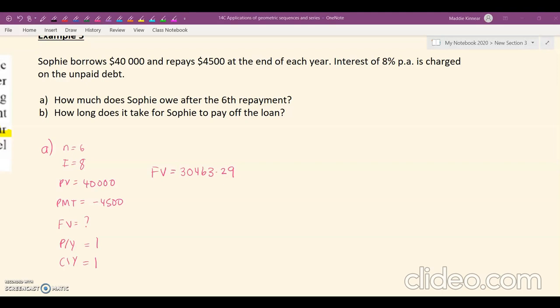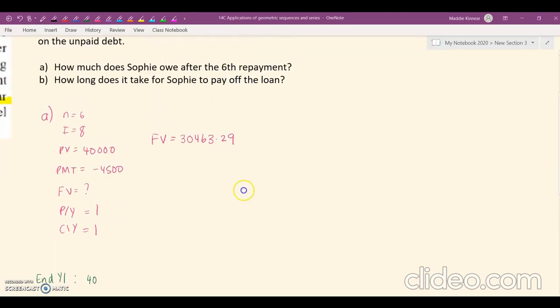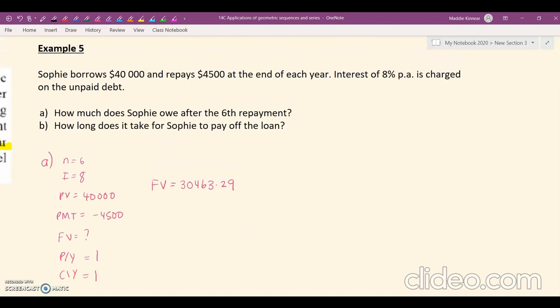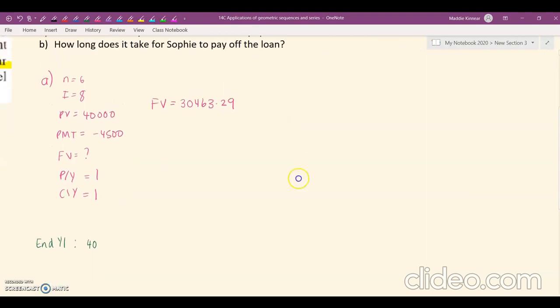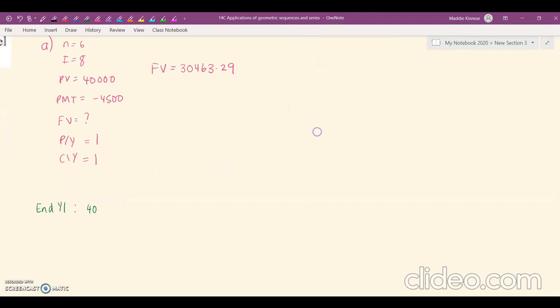So let's now look at why this is the case then. We have a situation where we borrow 40,000 and repay 4,500 at the end of each year, and the interest is charged. So what happens is that at the end of year one, we start with a balance of $40,000, and then we are going to repay some of that money.